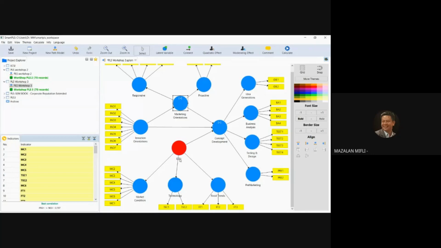In these studies, I argue that the external environmental factors depend on your market conditions, whether it is saturated, whether it's already reaching a maturity level. So the conditions of the market are very important and influence product innovations.